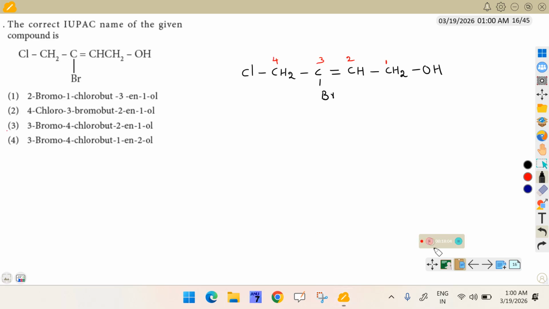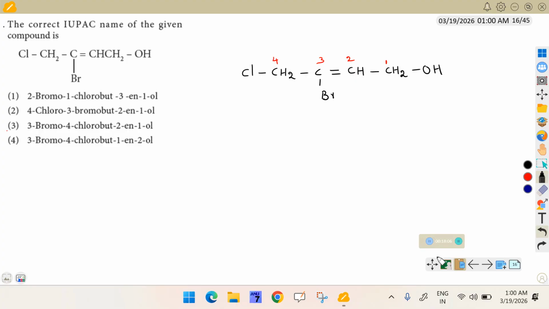Next, statement related question. Assertion is given as SiF6 2- is known, whereas SiCl6 2- is not. Yes, correct. Reason, 6 large chloride ions cannot be accommodated around Si plus 4 due to limitation of its size. Correct. A is true, R is true, R is the correct explanation for A.